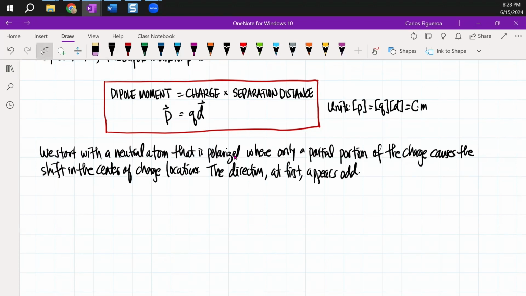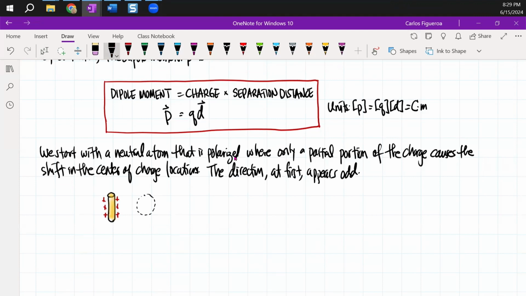So what do I mean here? This is what I'm thinking. I have a charged rod, and in this case, let's say it's a positively charged rod. In other words, I removed electrons, and then I have my atom.